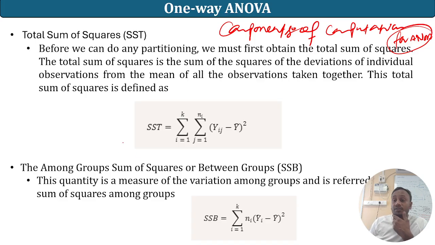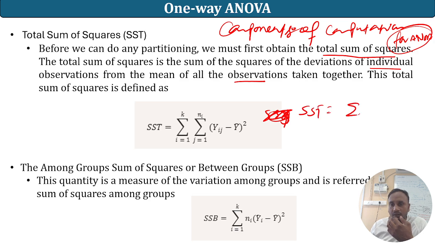First we have to calculate the total sum of squares before we can do the partitioning. The total sum of squares is the sum of squares of the deviations of the individual observations from the mean of all observations taken together. So the formula will be SST equals the sum of (Yij minus y bar) whole squared.